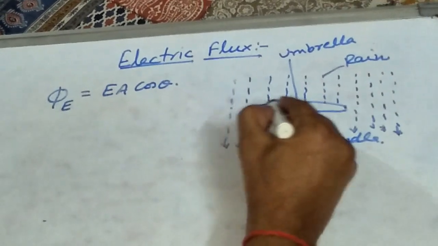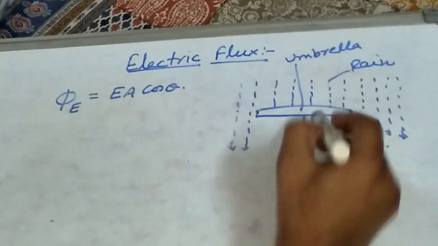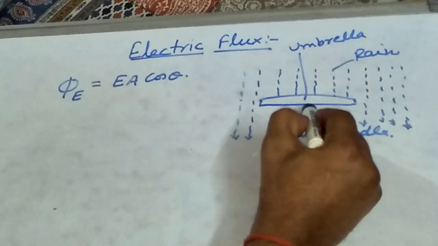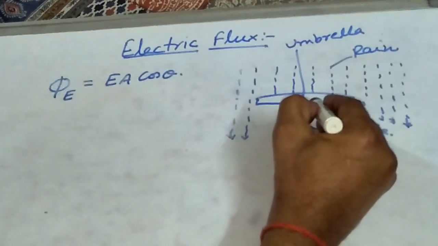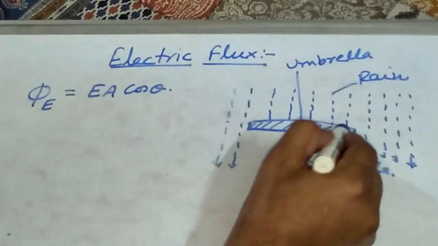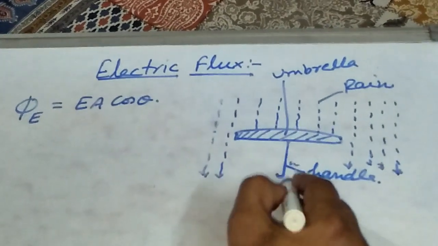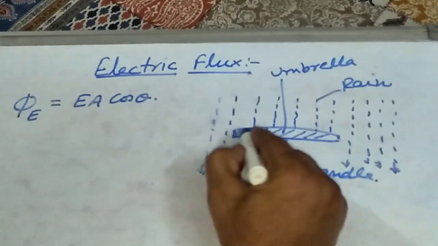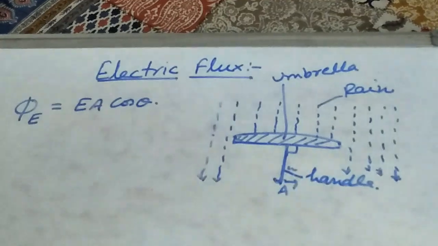This one is a surface which is held in this electric field, and the handle, or this stick of the umbrella, acts as the area vector, or the direction of the area vector. This one is the direction of the area vector, and it is always normal to this surface and directed outward.